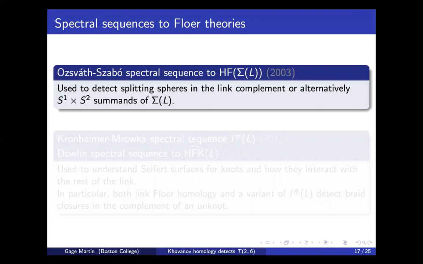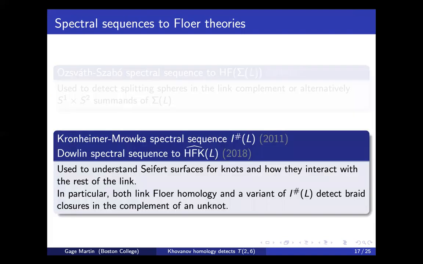This would be to show that Khovanov homology detects the unlink, or Khovanov homology detects split links more generally. A splitting sphere in the complement of a link corresponds to S1 cross S2 summands in the branched double cover of your link. So this spectral sequence detects these splitting spheres by detecting S1 cross S2 summands in the branched double cover.